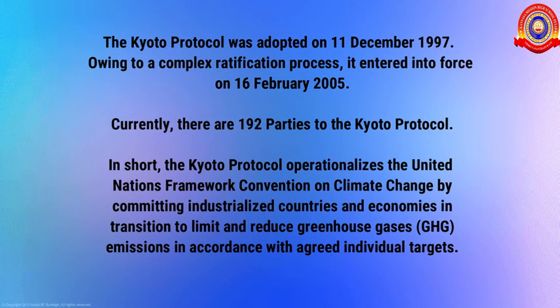Currently, there are 192 parties to the Kyoto Protocol. In short, the Kyoto Protocol operationalizes the United Nations Framework Convention on Climate Change by committing industrialized countries and economies in transition to limit and reduce greenhouse gases.